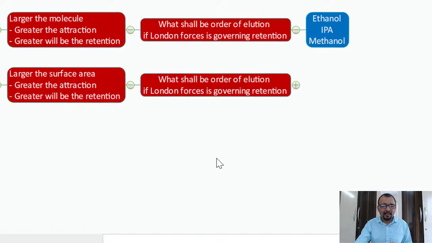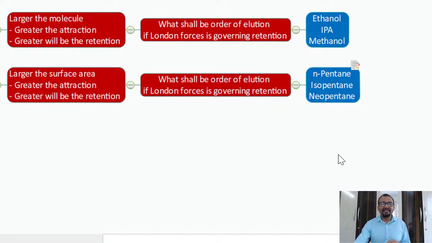So let us understand what the order of elution shall be if London dispersion force is the governing factor for retention. Here is the example: N-pentane, isopentane and neopentane. Which one will elute first, which one in the middle, and which one late in the chromatographic run?